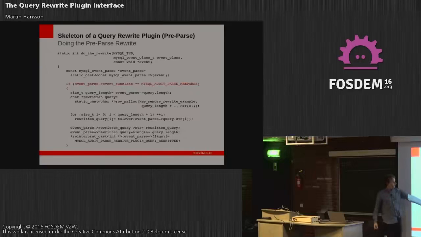We point the event to the rewritten query, and we set the length. And we have to set this flag as well, or else the rewritten query just gets ignored, thrown away. If you look carefully here, you can see that I use my_malloc, which is the Alloc Service, which I'll tell you about in a few slides. It's using a performance schema key. So keep that in mind for a few slides.